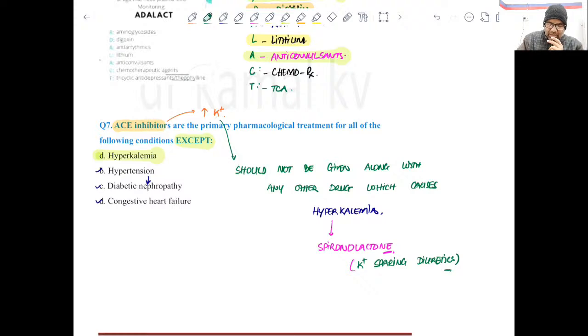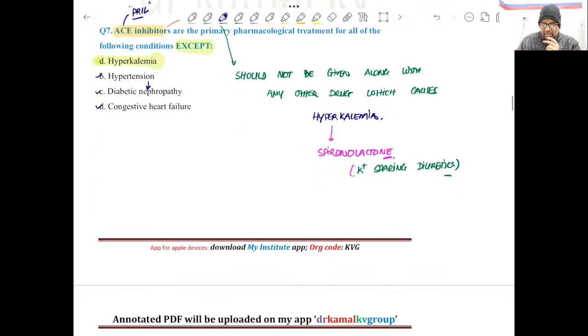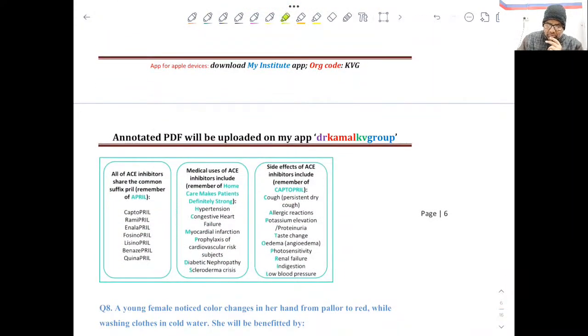Now, what are the members in the ACE inhibitor group, which end with pril, right? Like captopril, ramipril, enalapril, fosinopril, lisinopril, benazepril, quinapril, right? So they end with pril.